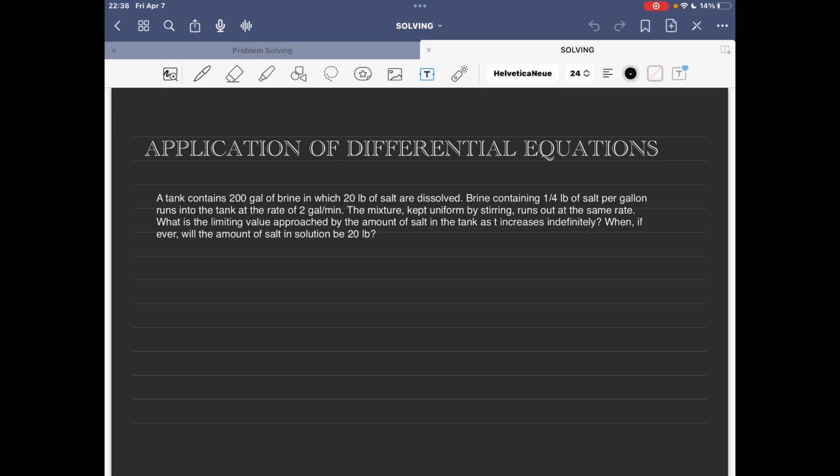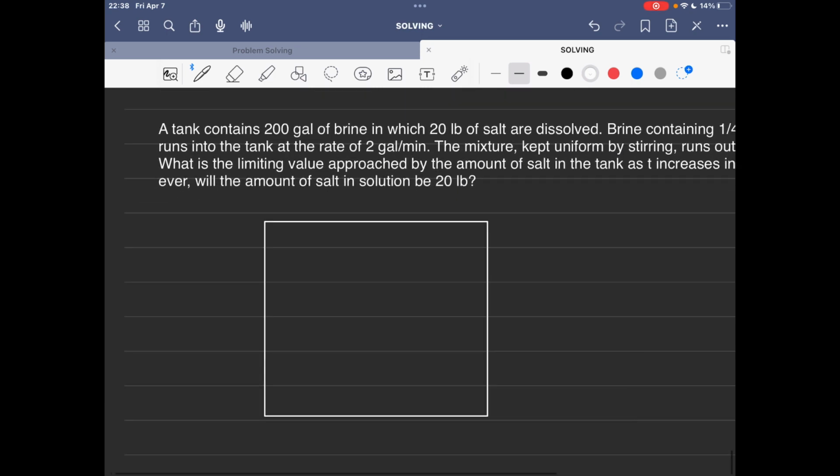So here we have 200 gallons of brine, which is our V sub 0, and in which 20 pounds of salt are dissolved, so that is our X sub 0.